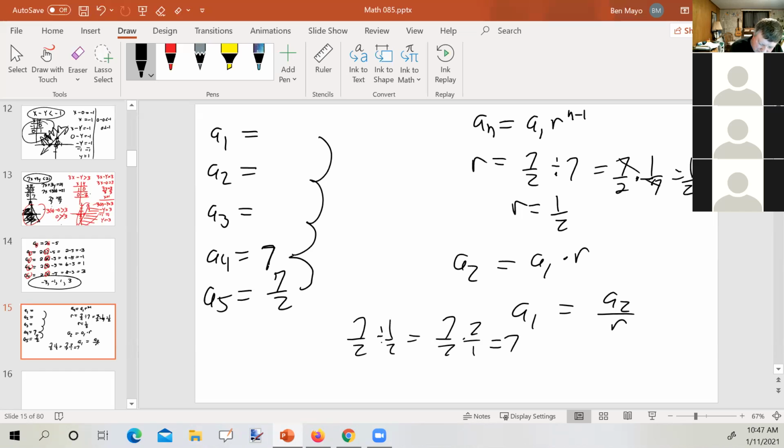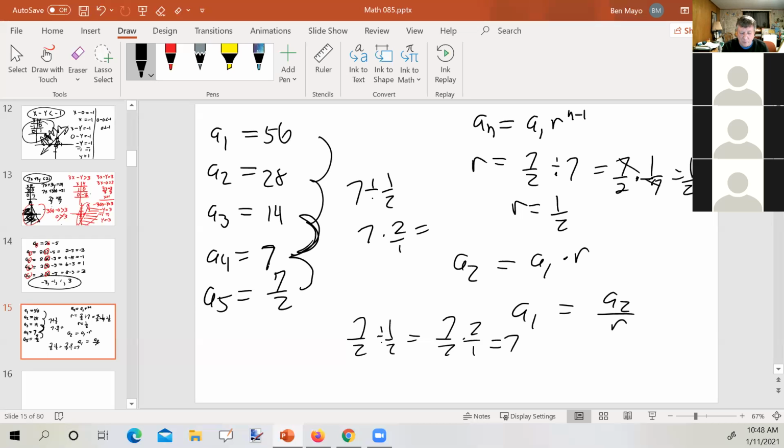Now, going here, 7 divided by 1/2 would be 7 times 2/1, which is 14. Isn't dividing by 1/2 the same thing as multiplying by its reciprocal, which would be multiplying by 2? You see what I'm doing there?